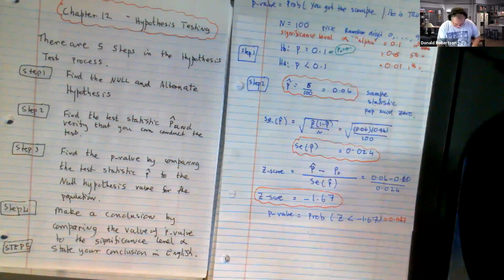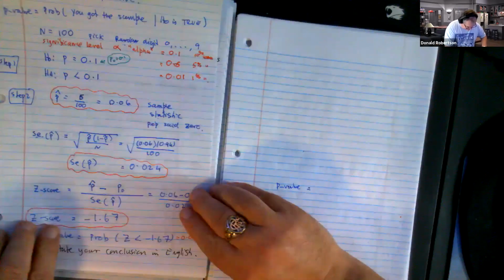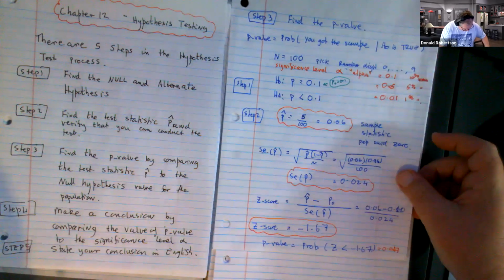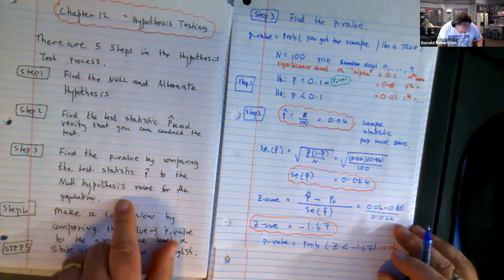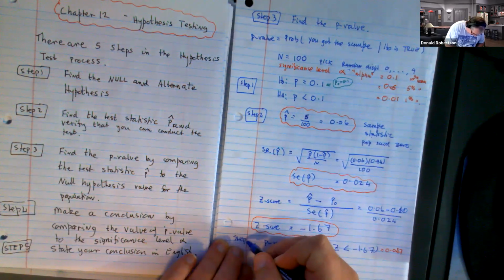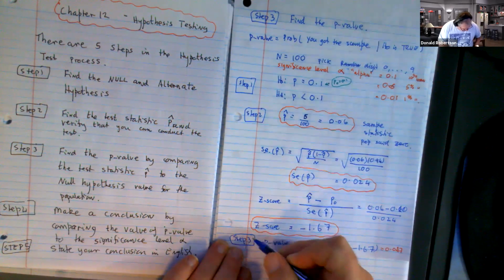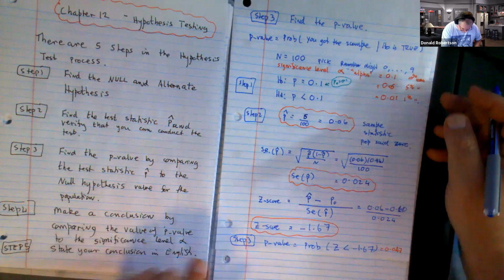We'll show you tomorrow, well, in your case, Wednesday, how you can do it using nothing but software, which is going to be a lot quicker. So step 3 is find the p-value, which is what we've just done here. And we're almost finished this process, thank goodness.